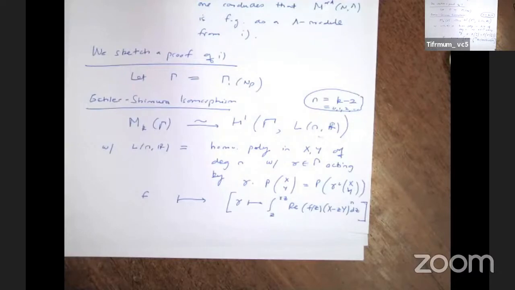What do you do if the level is arbitrary? Then it's very hard to write down a Z basis. So it's not at all clear why the Hecke operators are matrices with entries in Z. But using the Eichler-Shimura isomorphism, this fact becomes completely trivial because this isomorphism is actually Hecke equivariant.